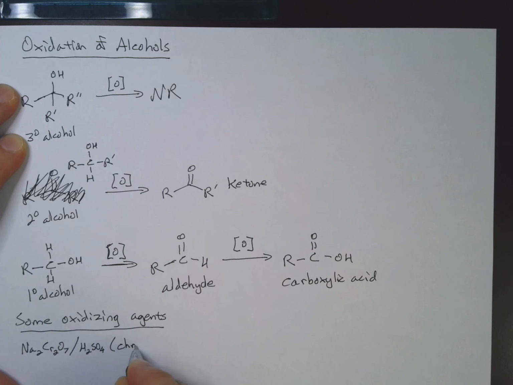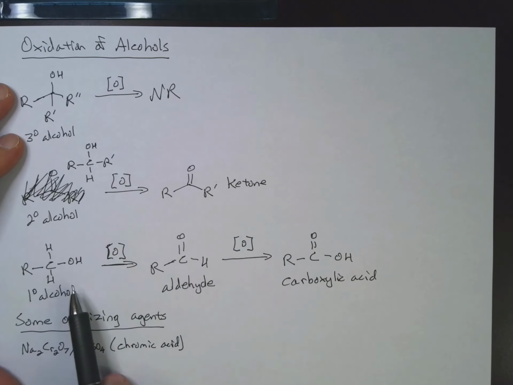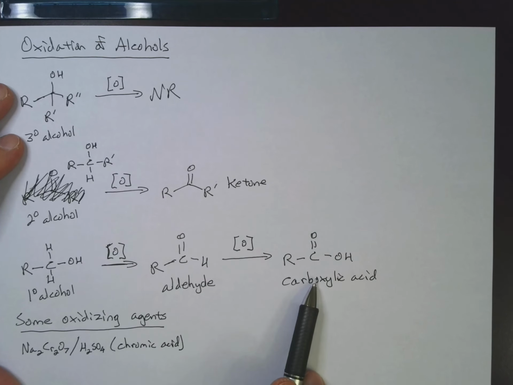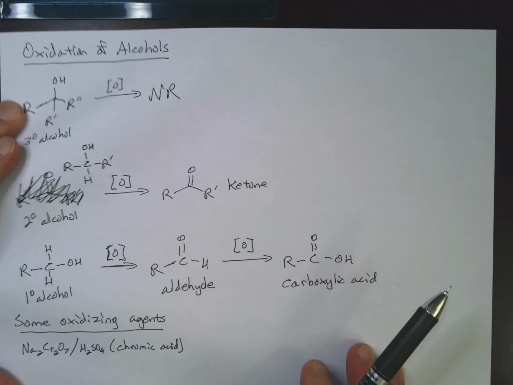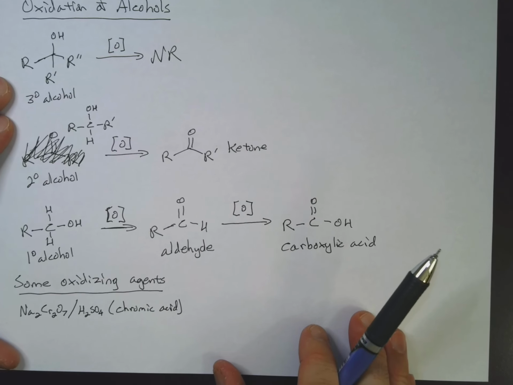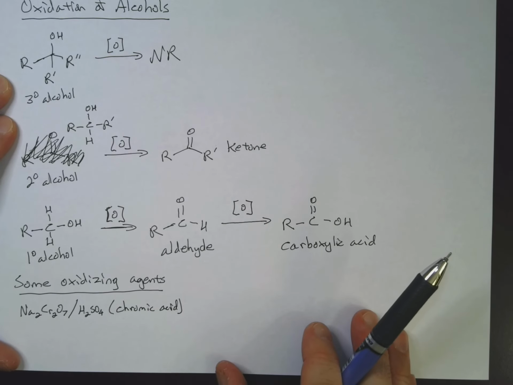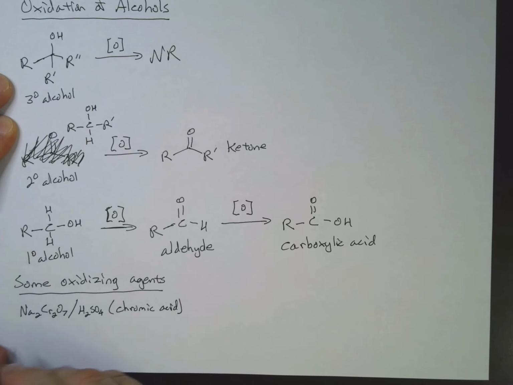That is chromic acid. And that is really harsh. That will oxidize your primary alcohol all the way to your carboxylic acid. It's also poisonous. And don't mess around with chromium stuff. That's all I can say. Okay, what else could we do? KMnO4.